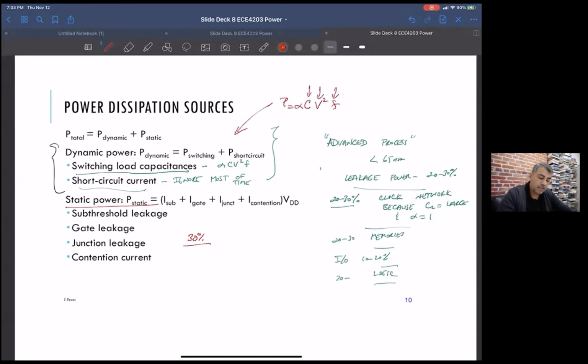And this alpha is an activity factor. So basically, on average, how often does this switching occur in this circuit? So this is really all you have to remember in terms of dynamic power consumption: C V squared F times the activity factor alpha.